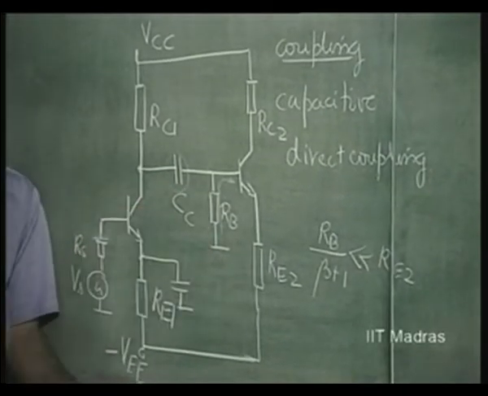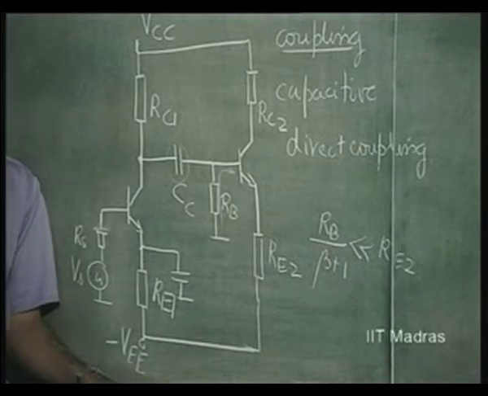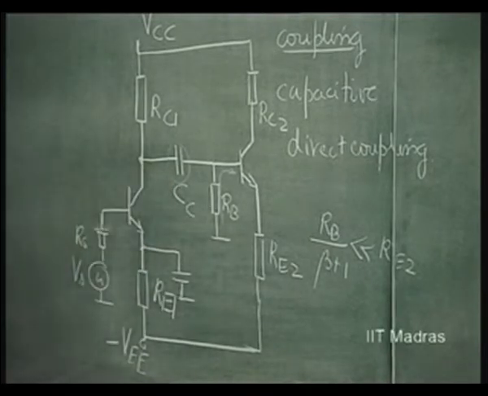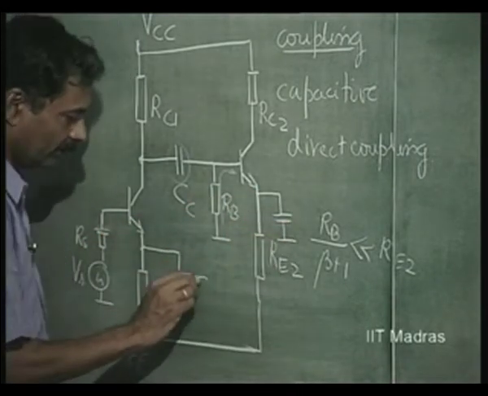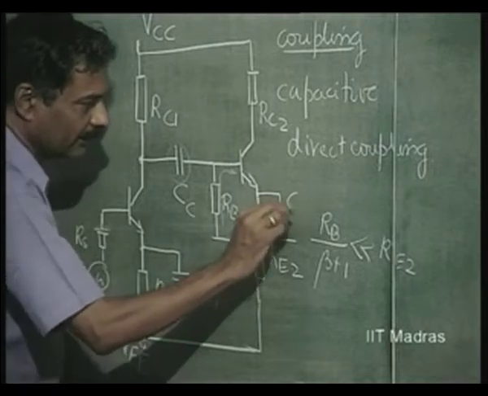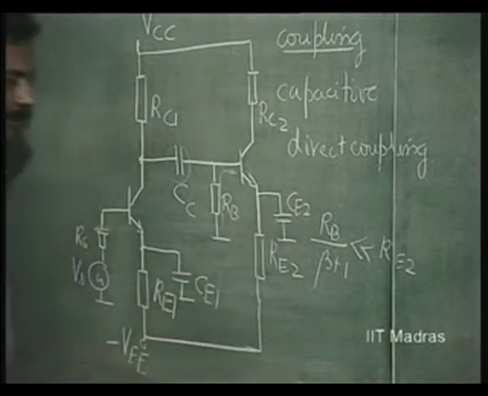So, this is how the capacitive coupling can be done. Now, obviously, this is also common emitter. So, we will put CE1 and this is CE2, bypass capacitor.